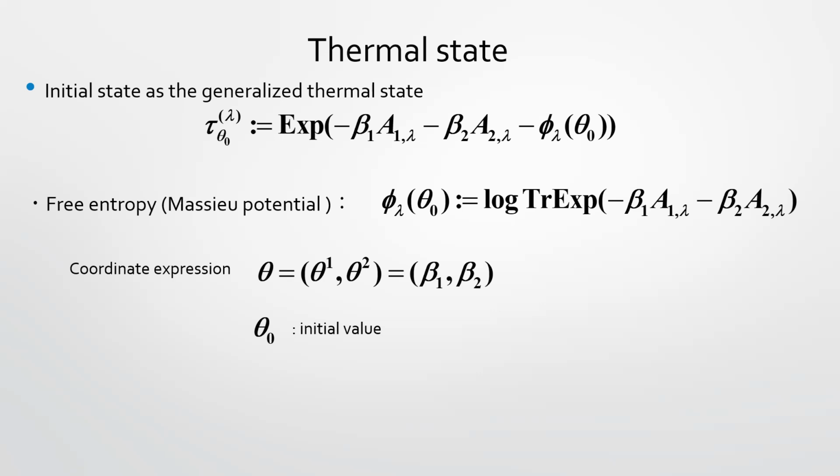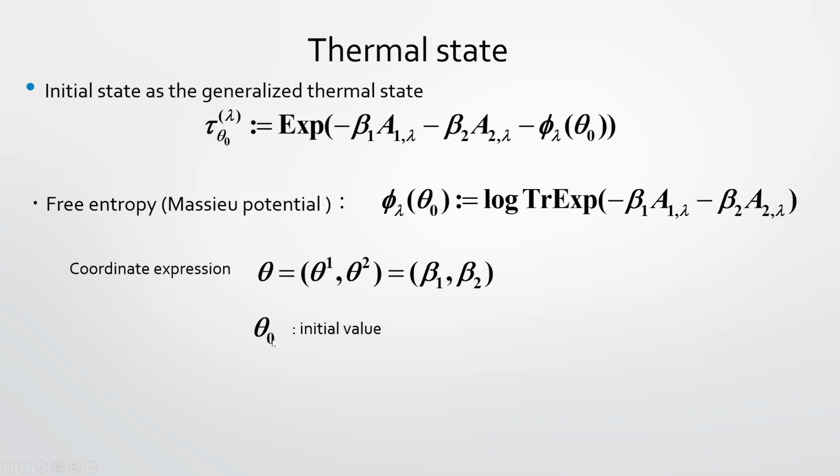In that kind of case, sometimes lambda is considered as the volume of that system. So we want to consider that scaling parameter. Based on the scaling parameter, we can define this free entropy, some potential function in this way, and we can define the thermal state in this way.